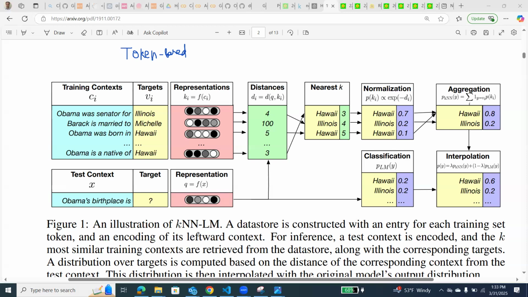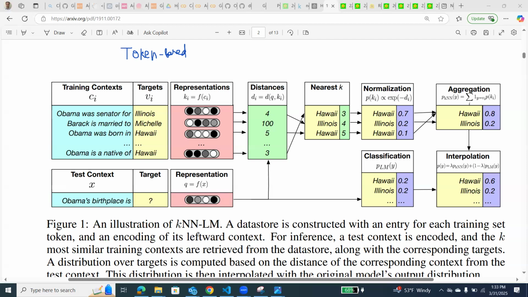And also combine here and get finally the probabilities in your training set. And also you can calculate the probability with your large language model, because it also provides a probability for every token. So you can also calculate probabilities here, and then interpolate.